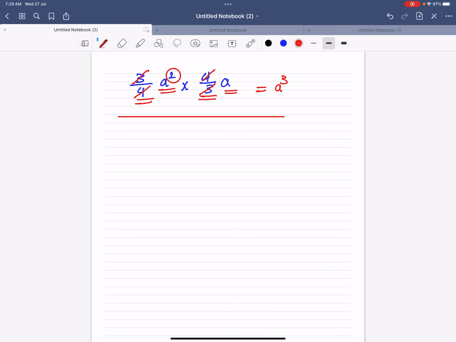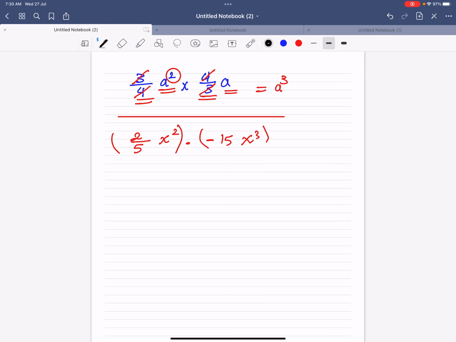Let's go to another example. If we got here 2/5 x power 2 multiply negative 15 x power 3. So right over there we have 2/5. Number one, you have to figure out fraction times whole number.